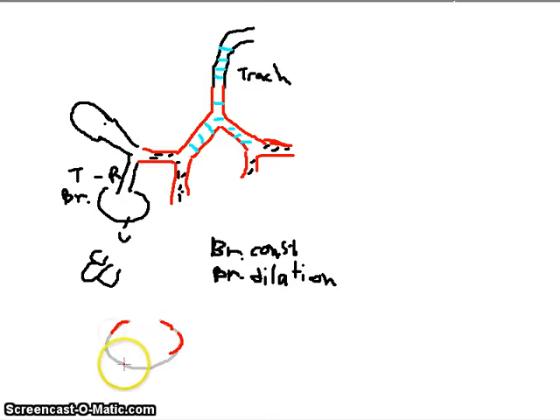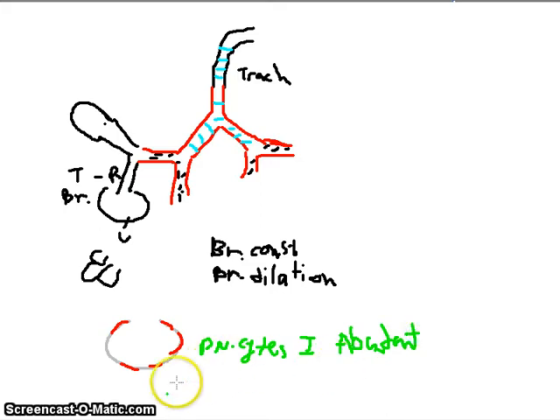The first type of cells are pneumocytes type 1, and these are the most abundant. They are stratified squamous epithelium, in other words endothelium.